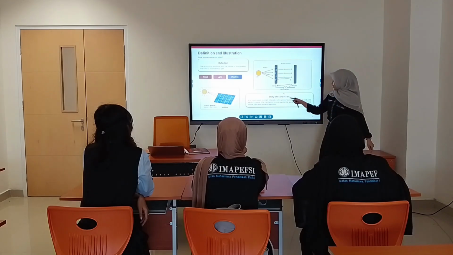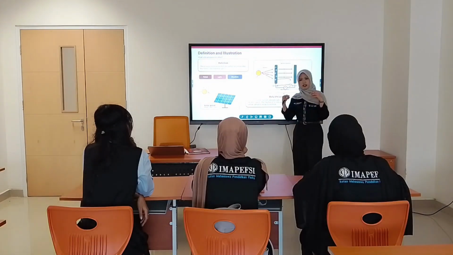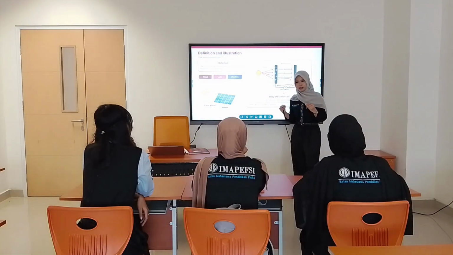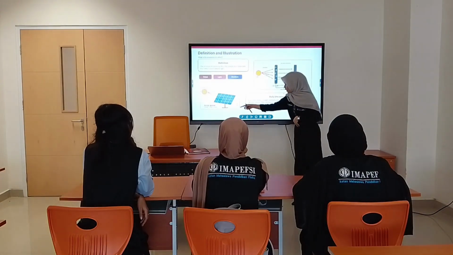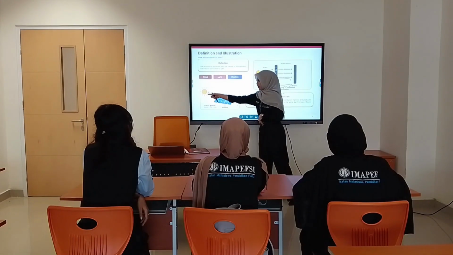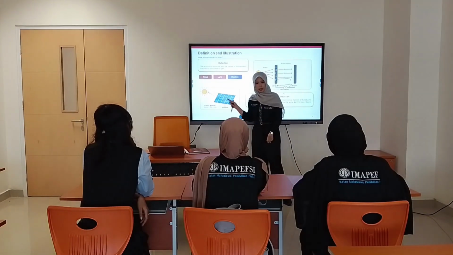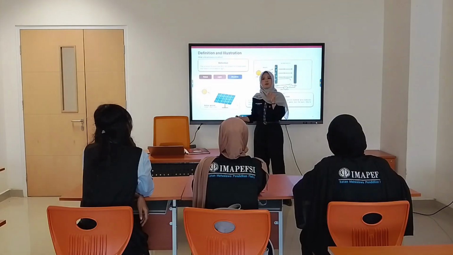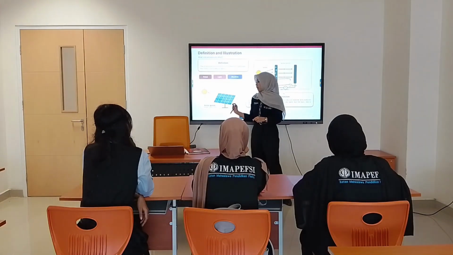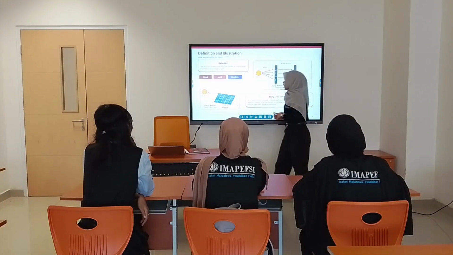Okay, here's the daily connection. For example, have you ever heard about solar panels? That's a solar panel. When sunlight strikes the semiconductor material of the solar panel, that's the same moment when the electric current is produced.